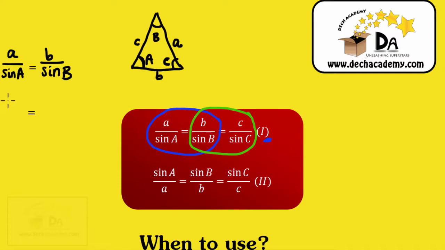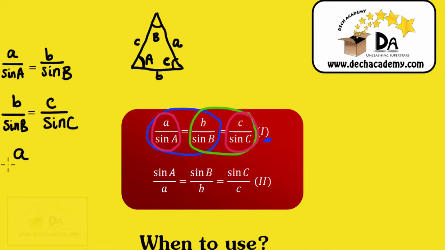This equation says that b divided by the sine of angle B is equal to c divided by the sine of angle C. And there's a third equation, and it's simply that a over sine A is equal to c over sine C.